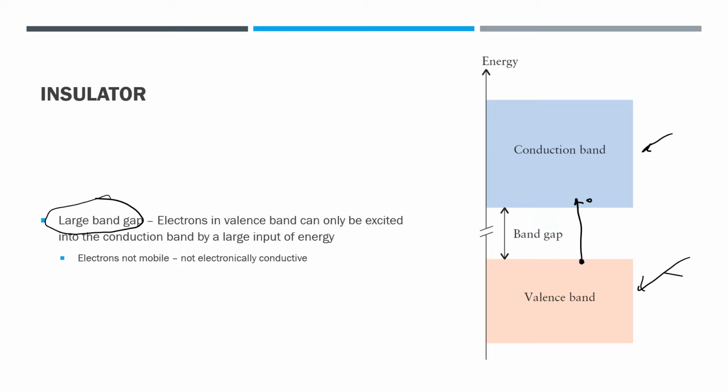That essentially means that electrons are not mobile. And that's why insulators are not conductive, because it takes so much energy to excite them into the conduction band that it's not very favorable, right? So that's an insulator. Huge band gap, not super interesting because it's hard to excite the electron into the conduction band.